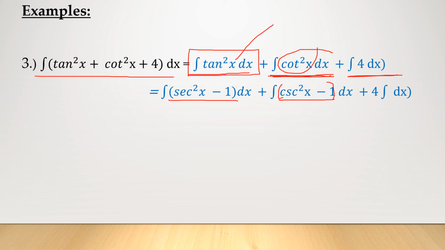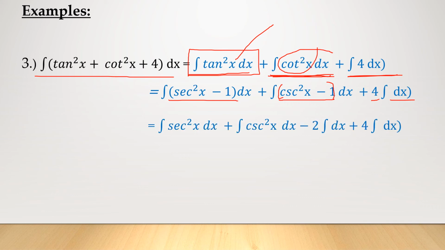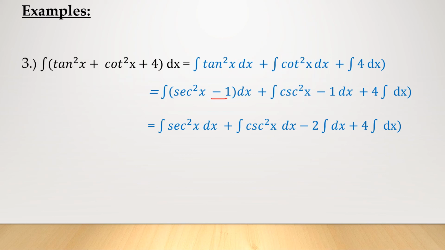And then our 4, since it is a constant, we can put outside of the integral sign, so only dx remains. The earlier negative 1 and the other negative 1, we can add them together, so they become negative 2, and then the integral of dx.